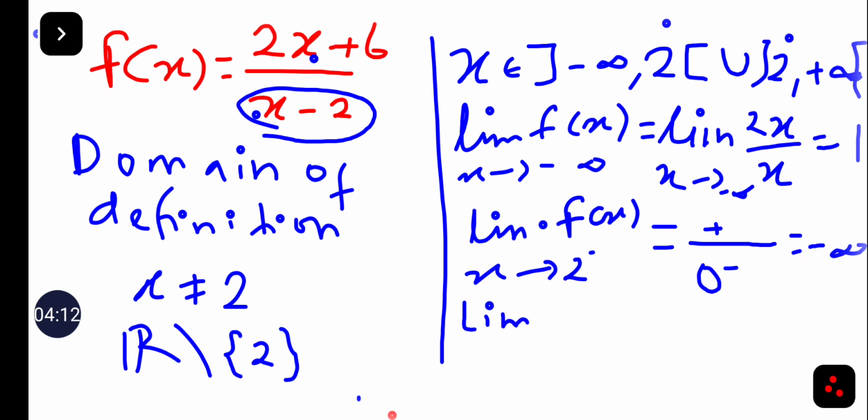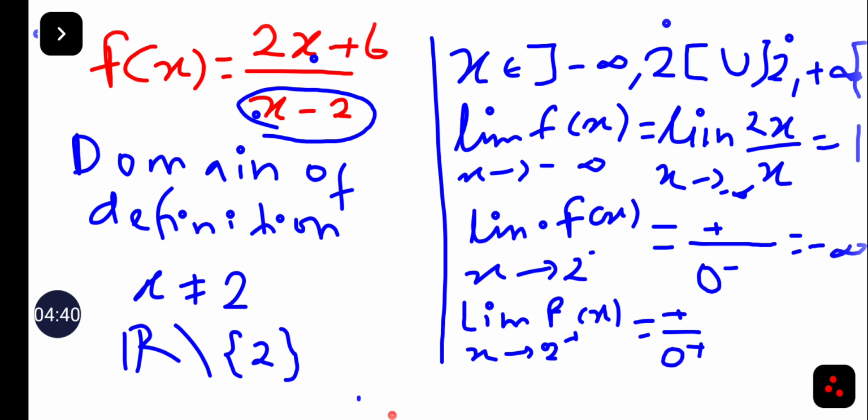Likewise, the limit as x tends towards 2 from above of f of x: the numerator is still a positive number. Slightly greater than 2, let's say 2.001, and 2.001 minus 2 gives you a positive number. So the 0 will be positive.